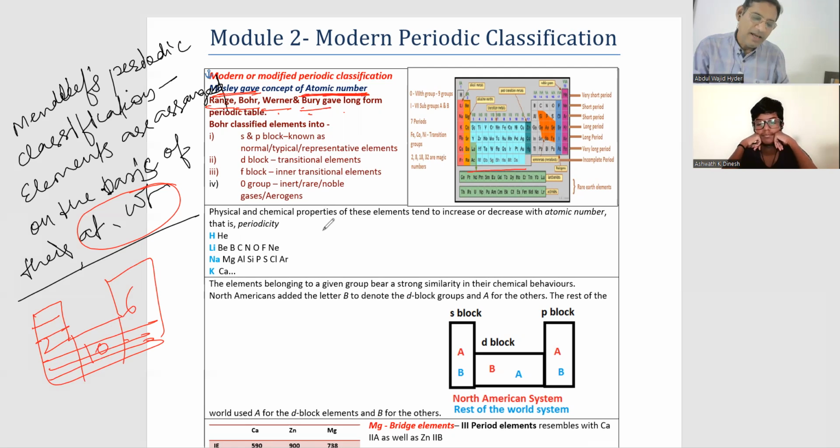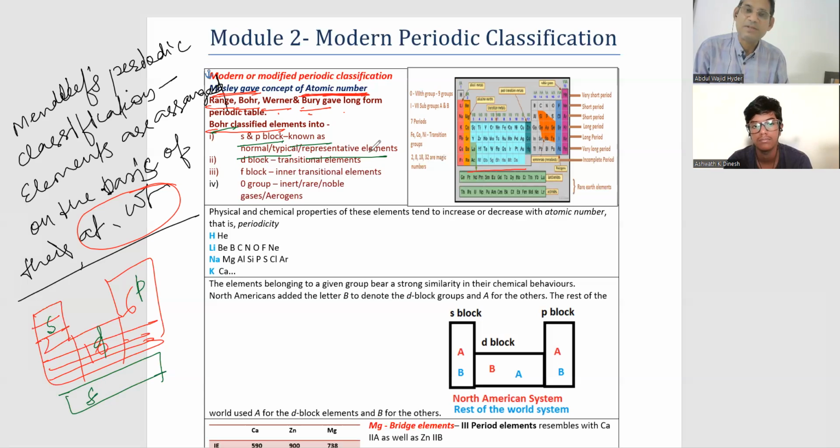Now see, elements were classified into S block, P block, D block and F block. Who classified them? It was Niels Bohr only. S and P block elements are named normal, typical or representative elements.